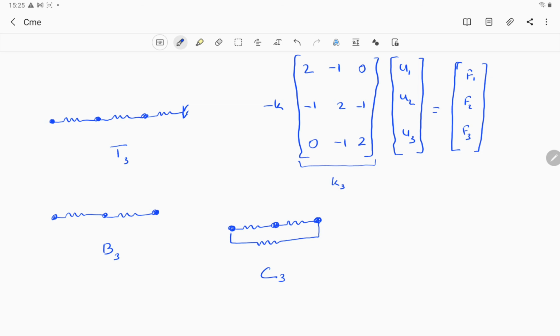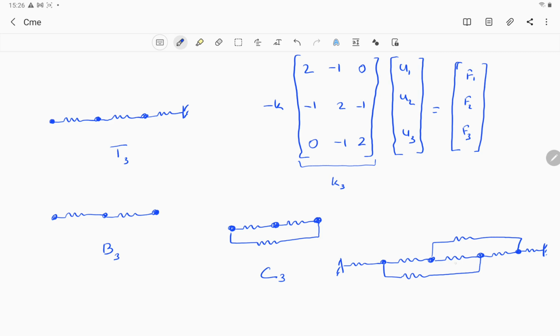And for our case in the assignment, we have 1, 2, 3, 4, 5, and I think there's one more spring, and here fixed, and these two things are connected and these two things are connected.